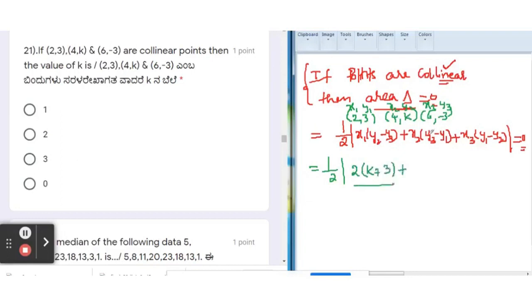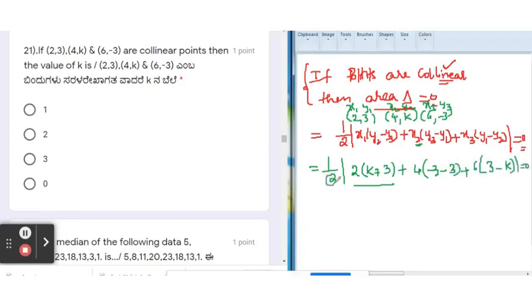This is the first term. So the second term, x2 into (y3 minus y1). x2 is 4, y3 is minus 3, y1 is 3. x3 is 6, y1 is 3, y2 is k, which is nothing but 0.